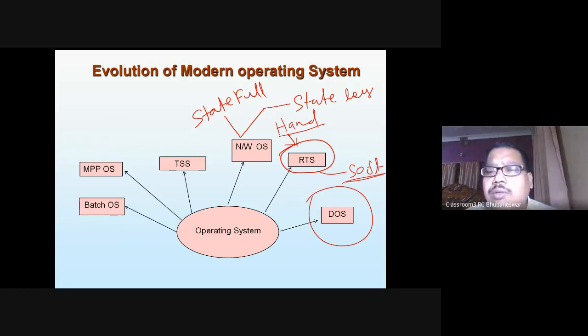If you're coming to soft real time, the system is much more flexible. There is no rigidity over the time as in hard real time. That means we can check for a washing machine. A washing machine has different auto wash systems.